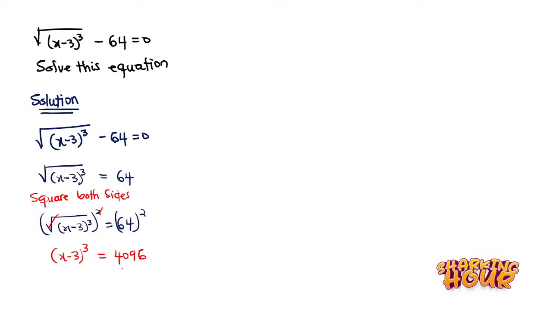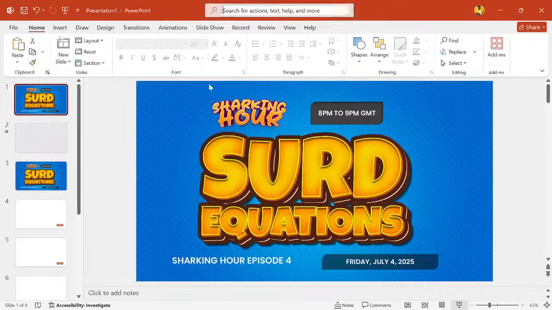You can have a number raised to power 3 that will give you exactly 4096, using your calculator obviously. So from here, what we will do is that we'll find the cube root of both sides. So we'll apply the cube root to both sides of this expression. So this is what we are going to have.